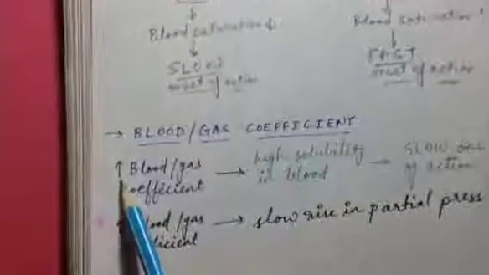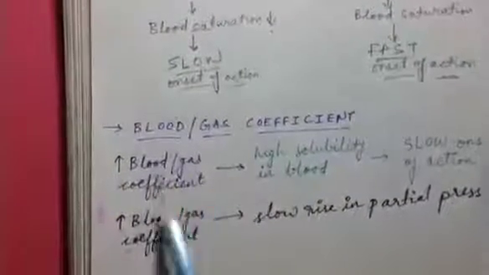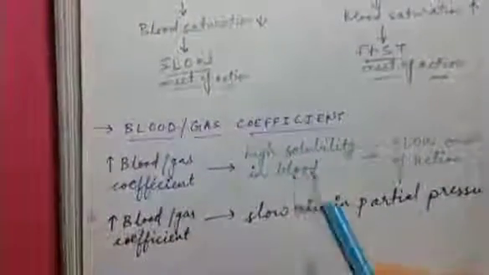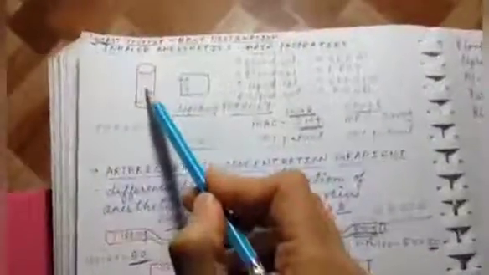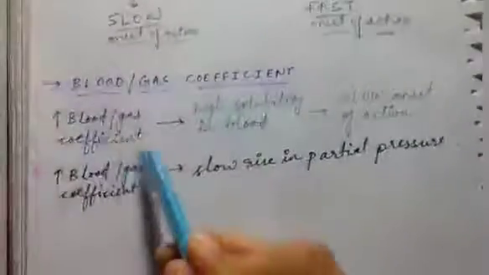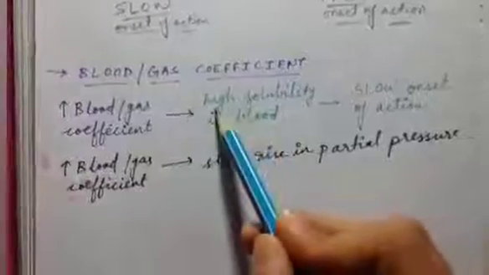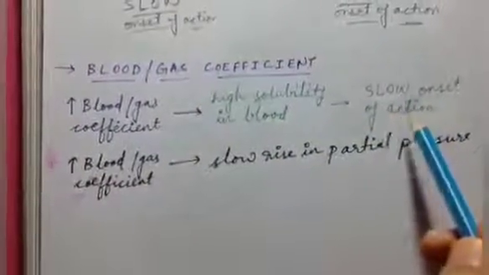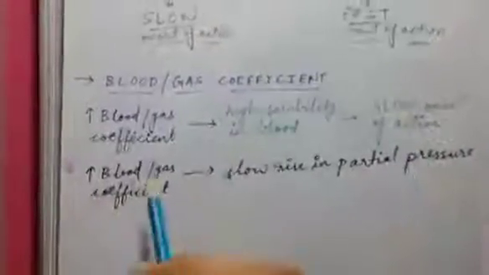So if there is increased blood gas coefficient, there is high solubility in the blood, and as we discussed, if the drug is highly soluble in the blood, the onset of action will be slow. So that's the main thing.